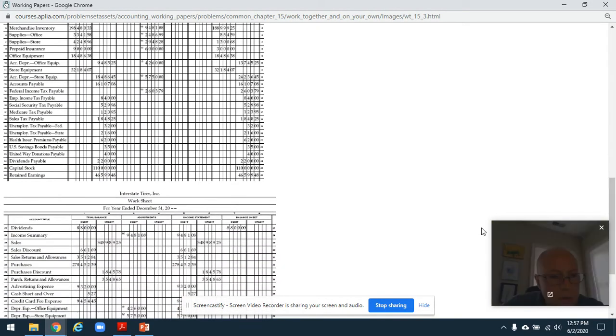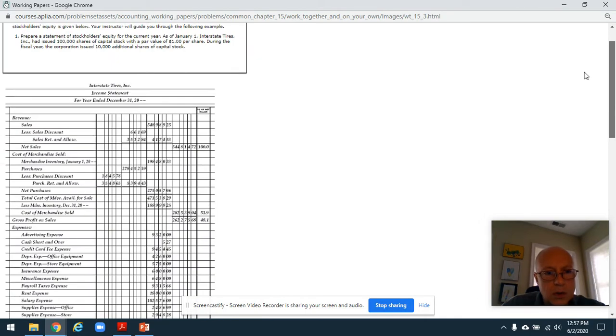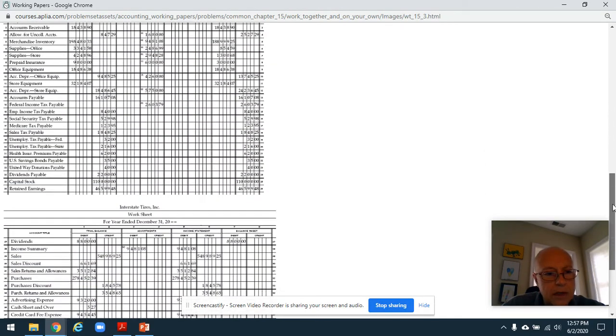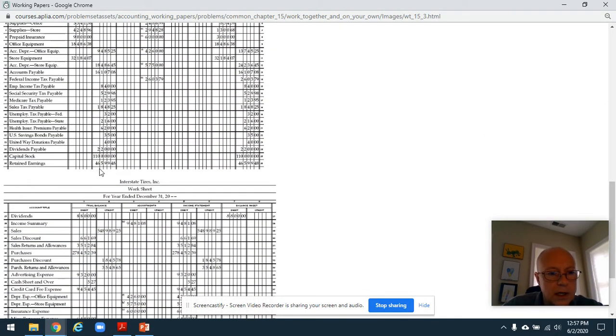Up there we go, right here, retained earnings. So during the trial balance, we took the account balance at the beginning of the year for retained earnings and just plugged it in here. So this is the number we're going to be working with when we actually do this. But this is where you locate it. It's under capital stock, under dividends payable. So this is the retained earnings we started with.